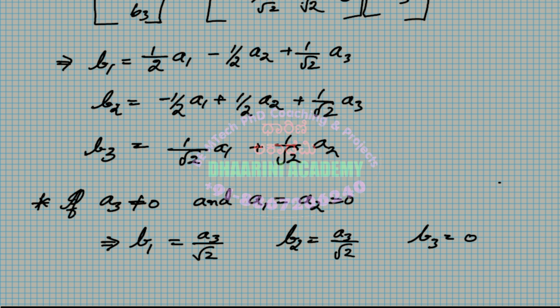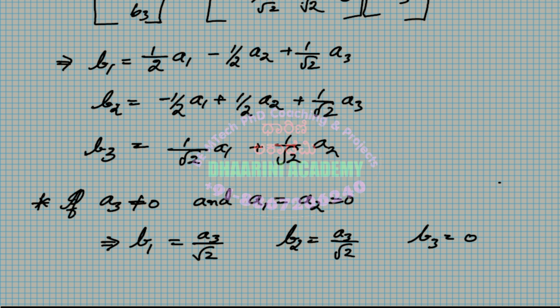So you see, when input is given from the third port, it gets equally divided among the first and the second port. That's what we discussed initially, right? Now I'm checking whether this S matrix is correct or not. Yes, whatever we assumed, that is correct.